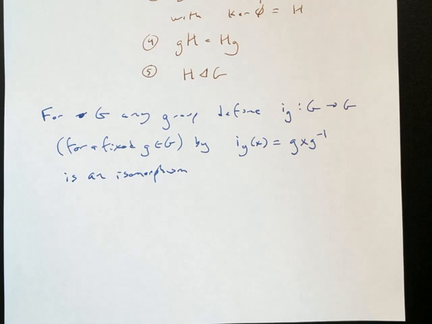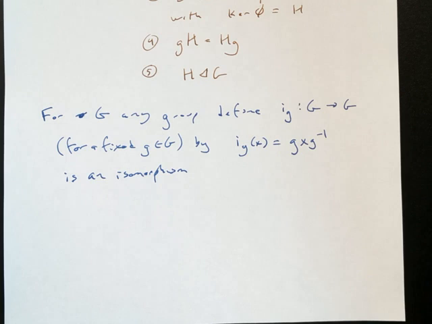How do I prove this map is an isomorphism? What do I have to do? Need a bijection from G to G, right?